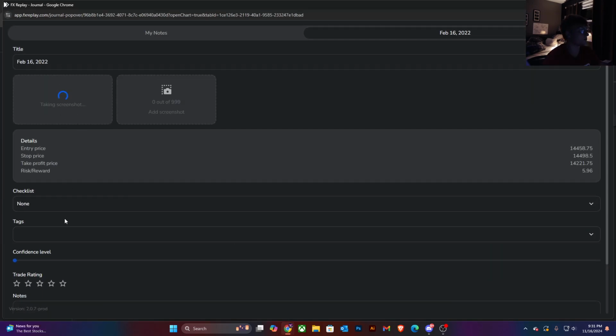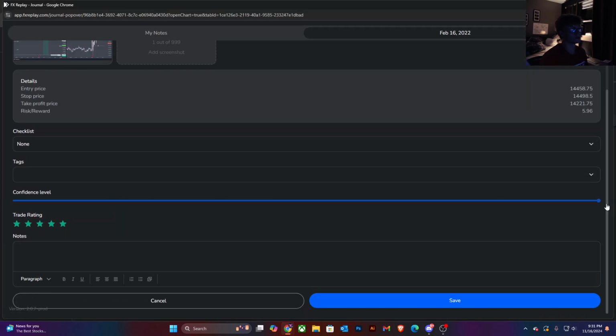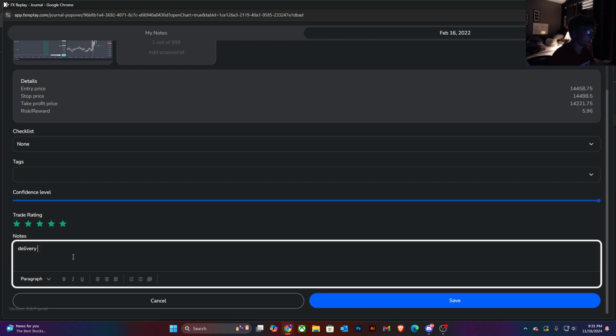So let's journal. Really high confidence. Delivery from bearish 15-minute OB. Rejected. Bearish 1 hour breaker. Rejected. 4 hour bearish fair value gap. Rejected. Premium of range.